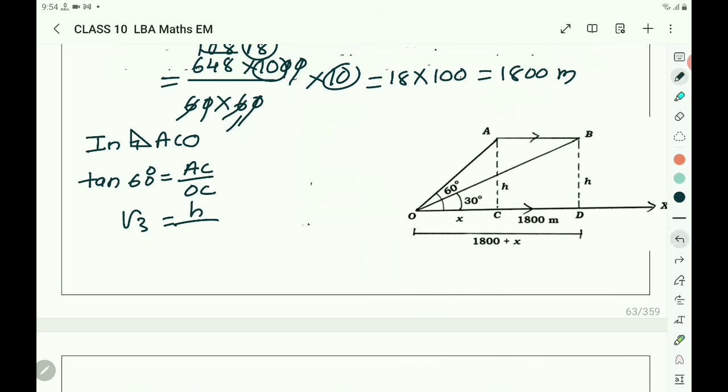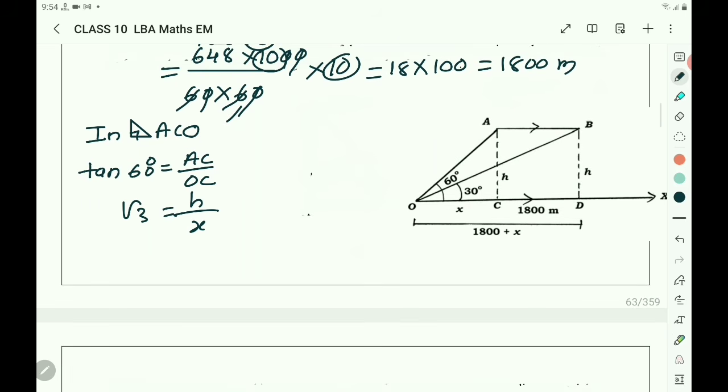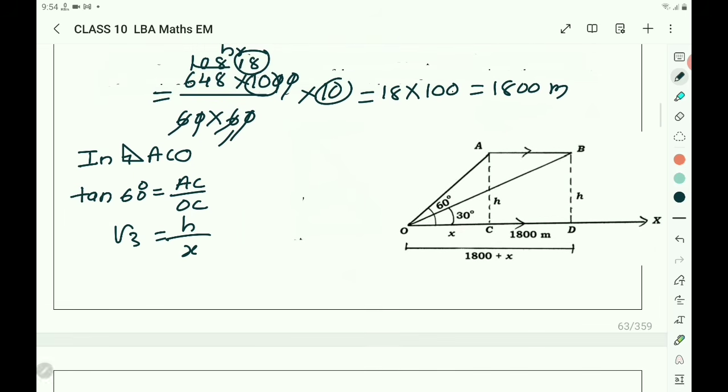And OC is X. Then express one in terms of the other. You write H is equal to root 3 x. Root 3 x is equal to H. Consider this as the first equation. Again you take the trigonometric ratio in the right angle triangle BDO.